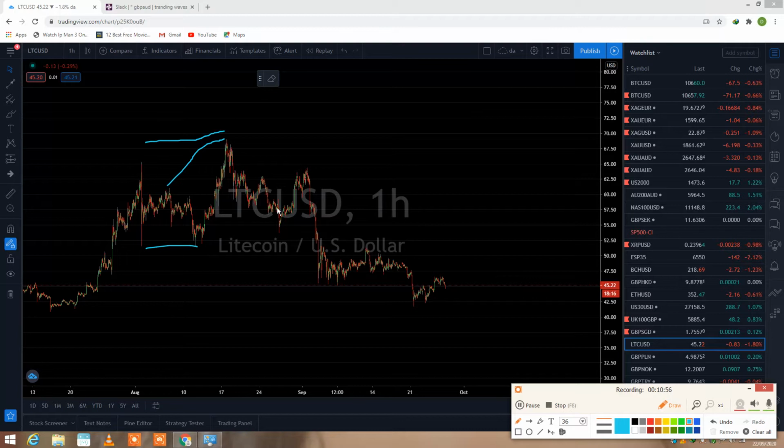So this is here, it was this here. On this one it should maybe push higher here, do this, and it should also come to the downside that way.